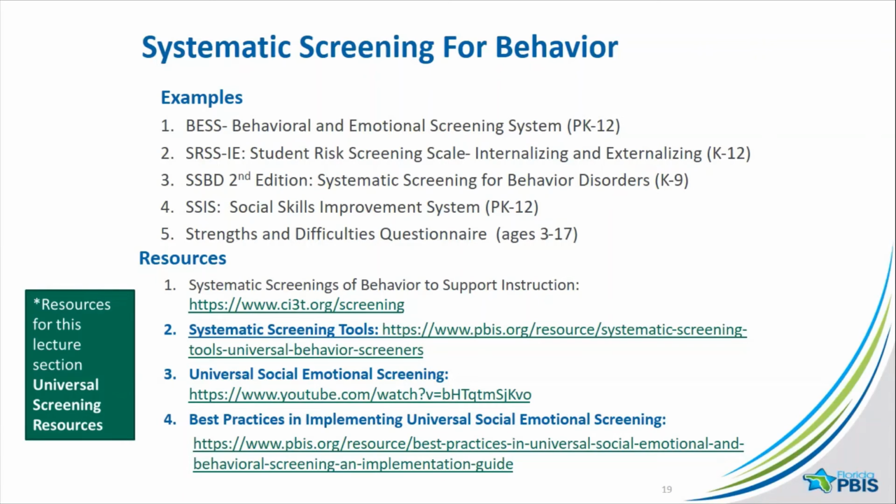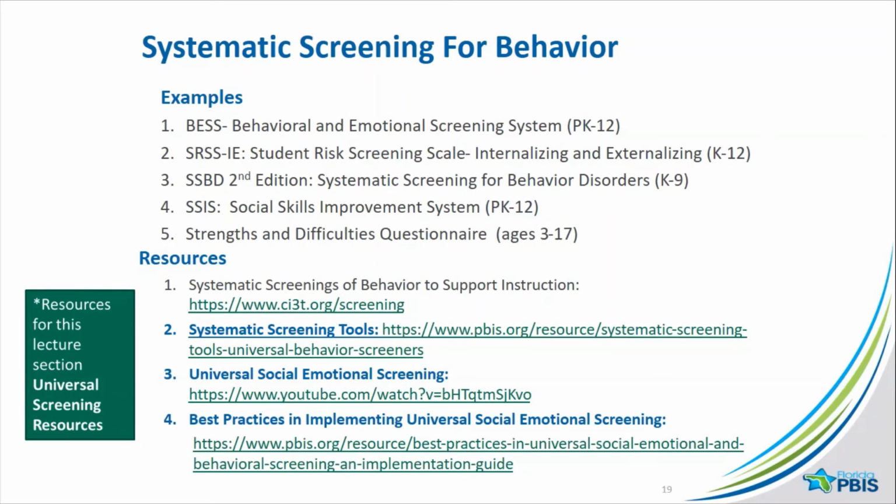Below that, we are going to provide you some of these links and tools also in that resources for lecture section. But these will provide you with a list of actual tools in addition to the five listed here, and give you some guidance on how to plan out your decision rules around screening systems.